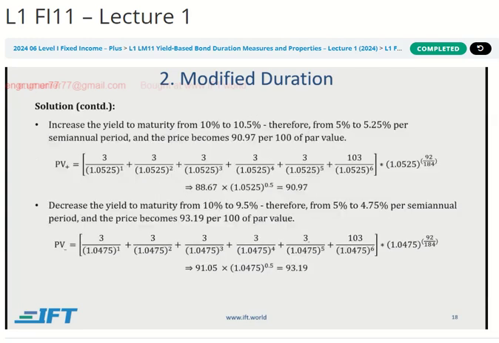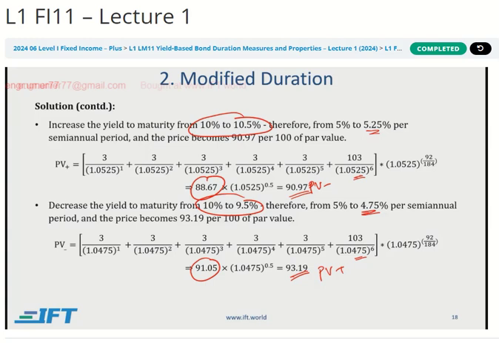Now you shock it up 25 basis points and down 25 basis points. Well, actually we're shocking it up 50 basis points and down 50 basis points, but because it's semi-annual, it gets divided by half, right? And you get your PV, which you then load up for the accrued interest, and then you get your PV minus and your PV plus.